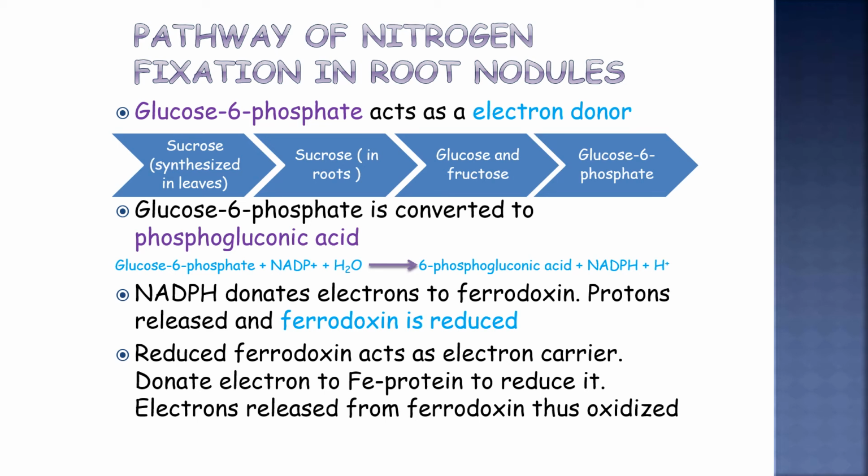Now NADPH donates electrons to ferredoxin, protons are released and ferredoxin is reduced. This reduced ferredoxin acts as an electron carrier, donating electrons to the iron protein to reduce it. Ferredoxin is thus oxidized after releasing electrons.